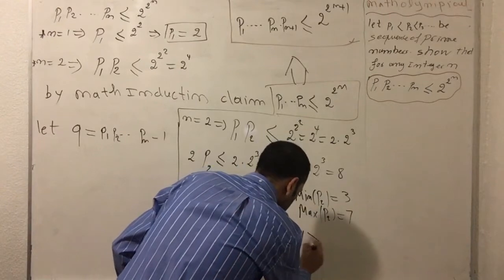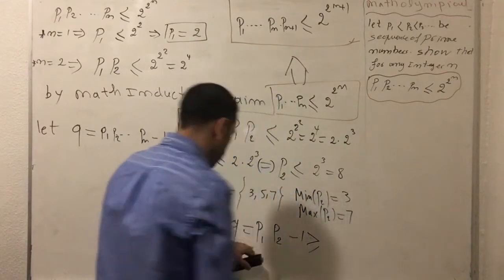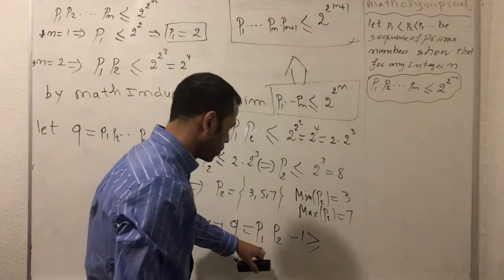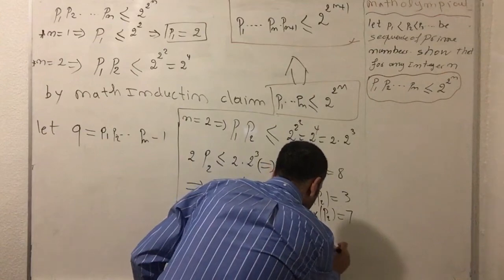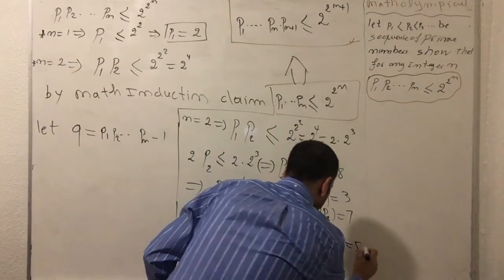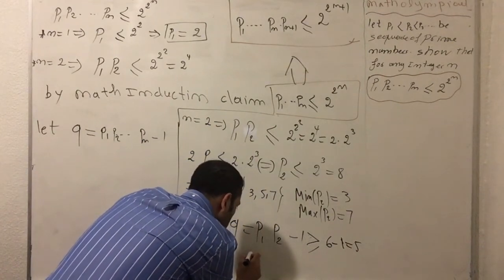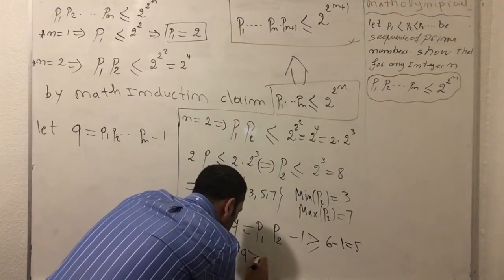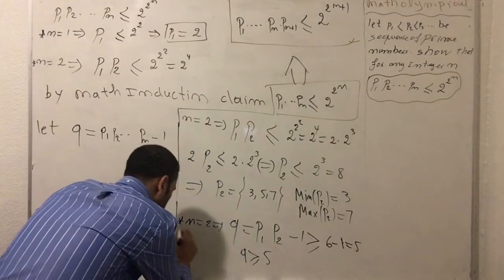Let's take the minimum as 3, so let's multiply 2 by 3 equals 6, minus 1 equals 5. That means Q is superior or equal to 5.